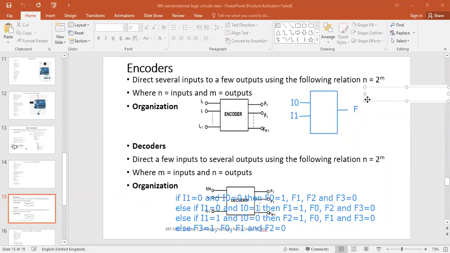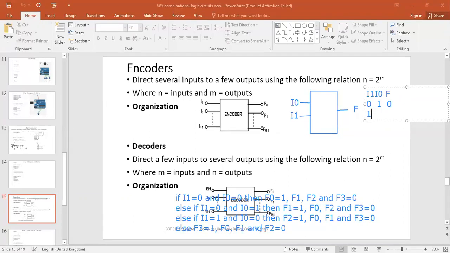So you actually indicate that we have I1 and you also have I0, and I have just one F. What happens when this is 0 and the other one is 1, because it will be active? Then your F is 1 because we are changing that value to binary.